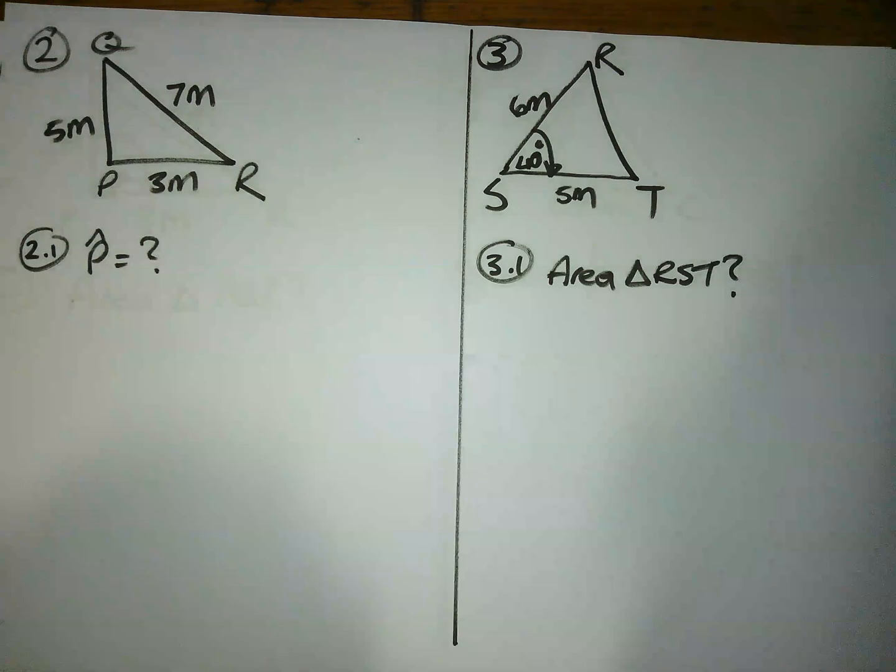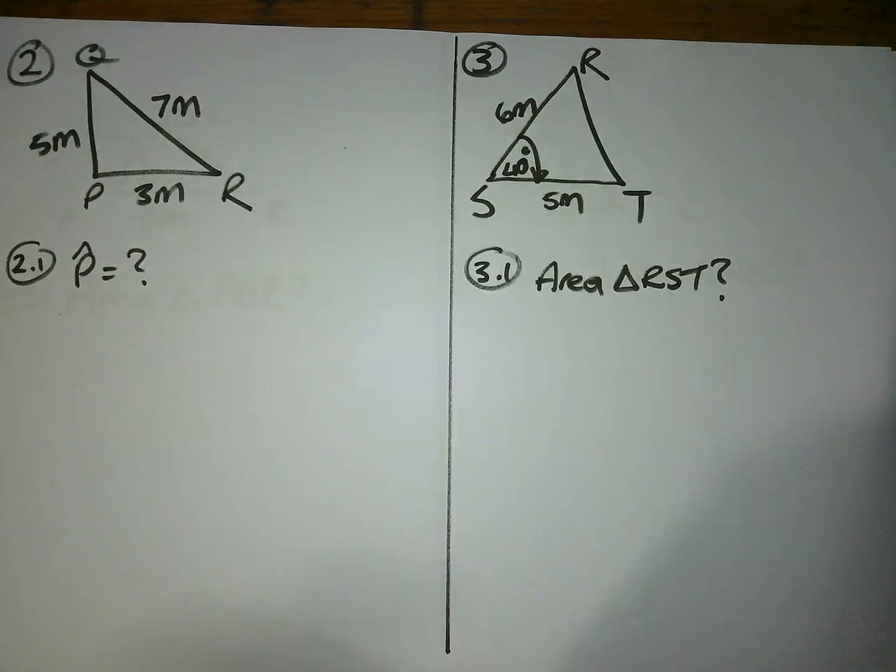So looking at this, we don't have any angle. We only have sides. Based on what I know, to get the angle, I can't use sine rule because for sine rule I at least need one unknown and three knowns. All right.